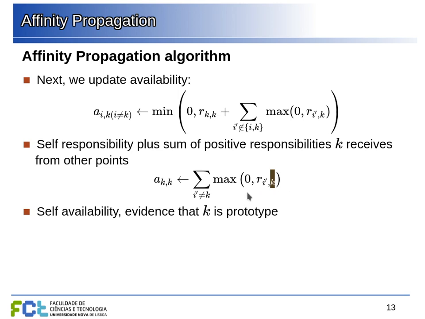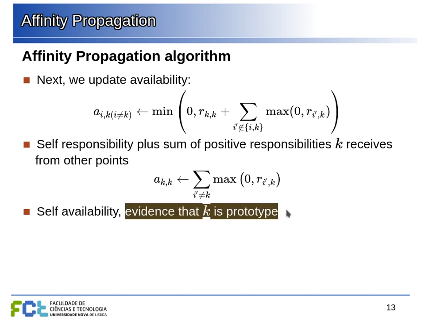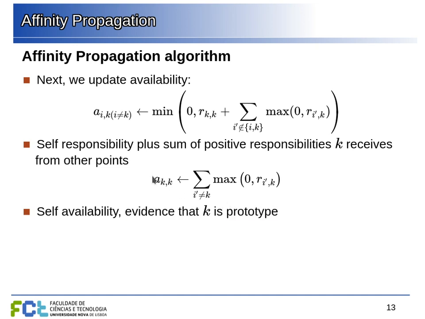So the availability of any point to be a representative of the cluster will be the maximum of the responsibilities that other points are giving to that point K. And this is the evidence that K is a prototype. So the higher we have here, the stronger the evidence that K is going to represent other points.